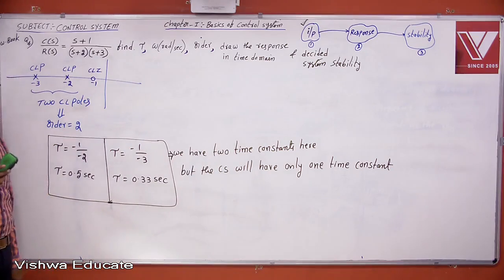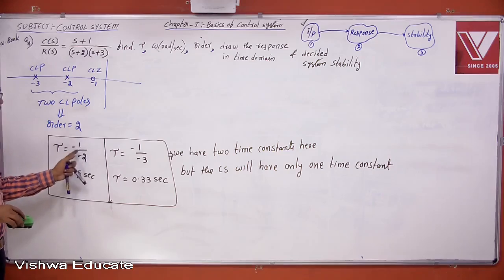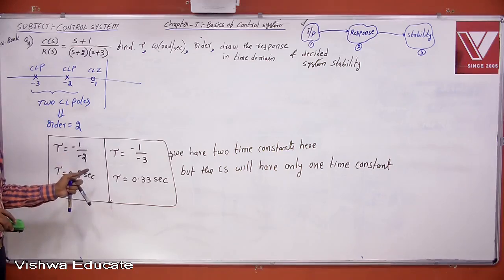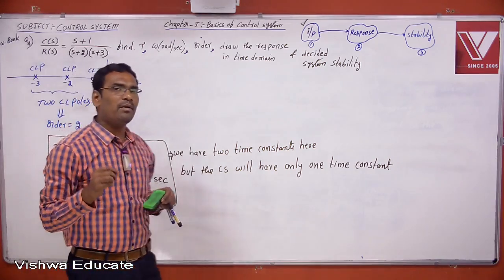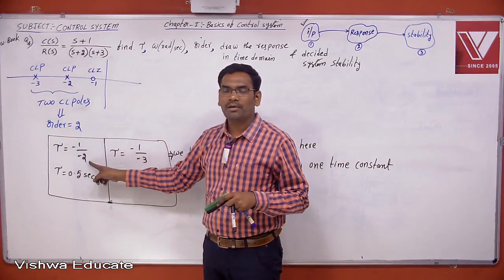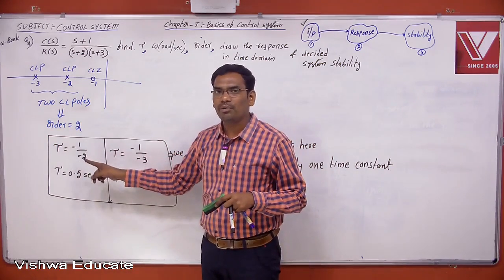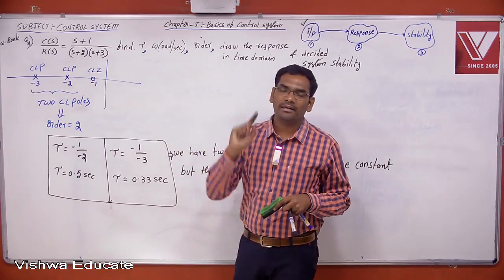So what do we have to do for that? Is the negative of the reciprocal of the real part of the pole a correct formula? In the previous problem it is correct, because if the transfer function consists of a single pole, that formula is correct.